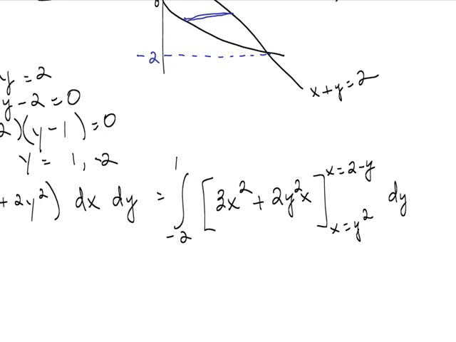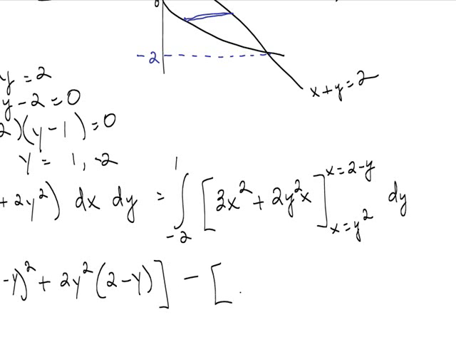So that's negative 2 to 1. Let's make the substitutions. So here we're going to have 3 times (2 minus y) all squared plus 2y squared times (2 minus y). That's the first substitution. Minus, now put y squared for x, that's 3y to the fourth plus 2y to the fourth dy.